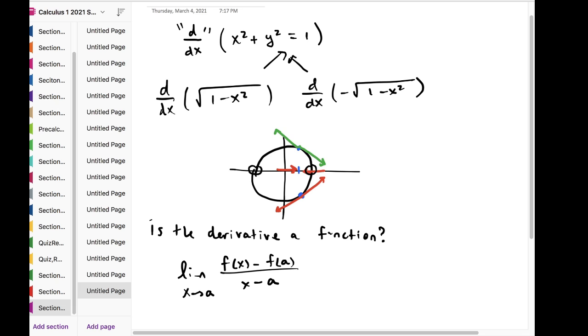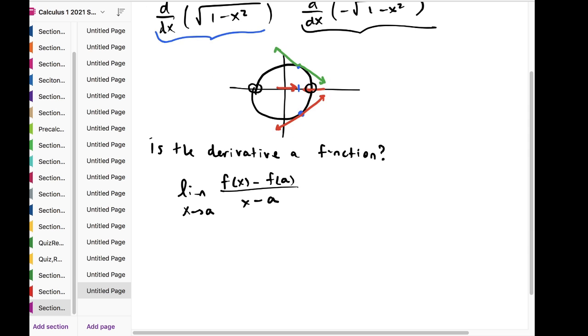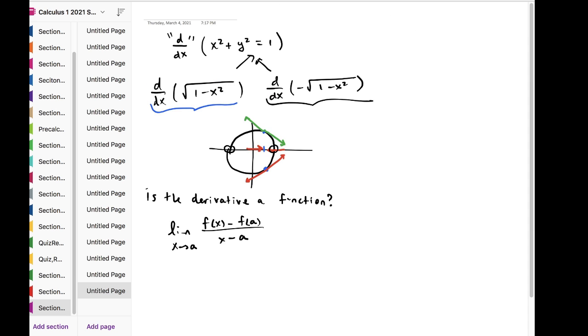However, it should make sense that the derivative does make sense everywhere, right? Because it makes sense on the upper circle and it makes sense on the lower circle. So, yeah, next time we'll talk about how to make sense of it on the whole thing. And this can be extended to other types of objects that are not functions, like an infinity symbol.